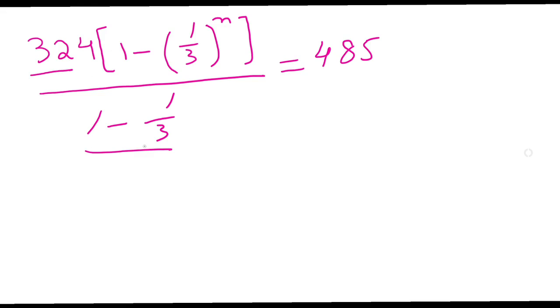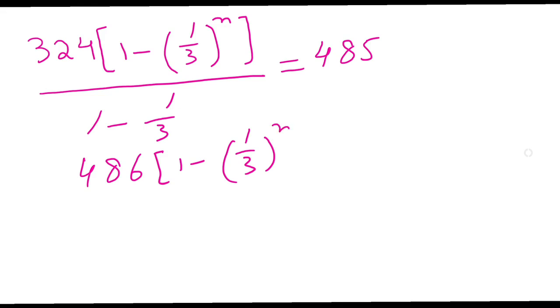324 divided by 2 over 3, because our subject of the formula is n. So we're going to solve for n here. So this become 486 big bracket 1 minus 1 over 3 power n big bracket close is equal to 485.